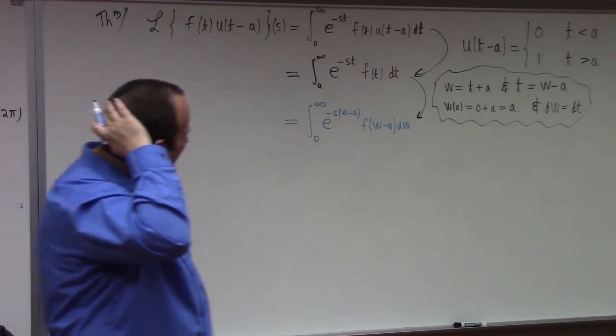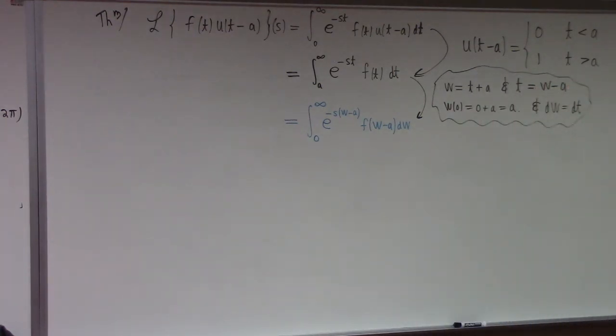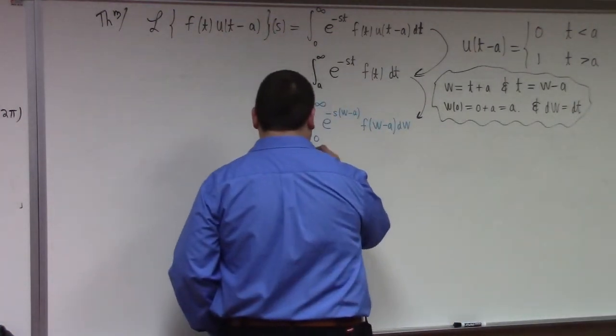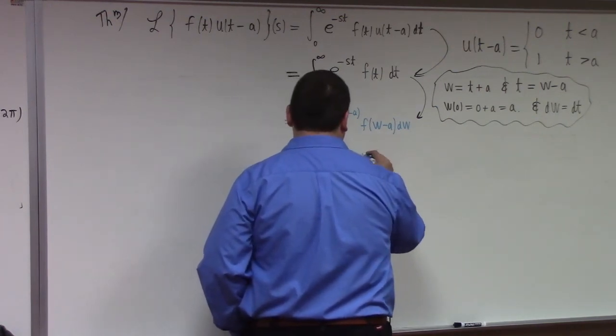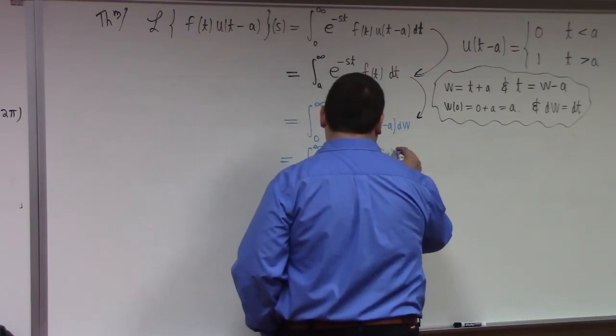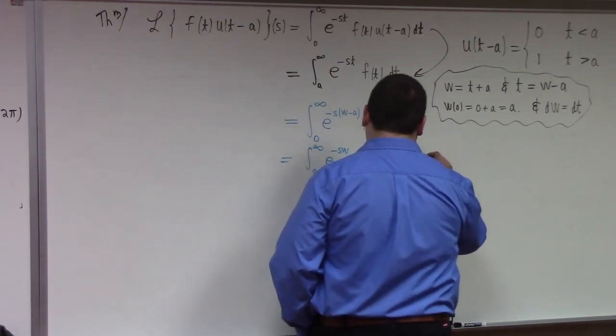Let me think about this for a second. No, it's fine. I just need to stick with the program here. So that is the integral from 0 to infinity of e to the minus sw times e to the as f of w minus a dw.